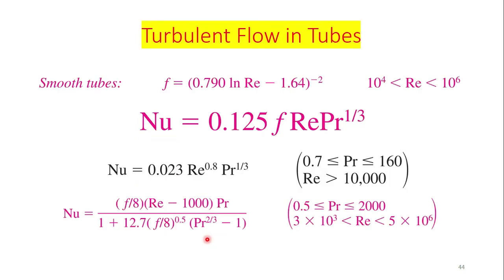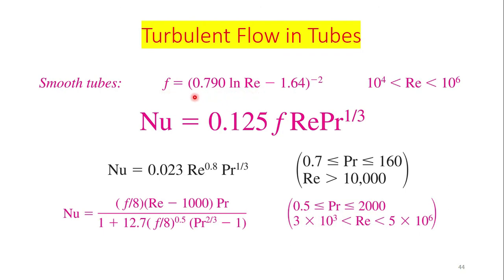Now we will see turbulent flows in tubes. If the surface of the tube is smooth, this is the expression that can be used for the determination of the friction factor, and it is a function of the Reynolds number.